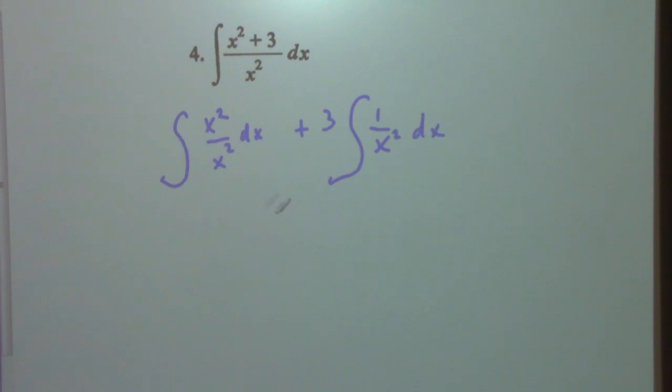Do you see that? So we separated, and each of these was divided by x squared, and so this is what we have.